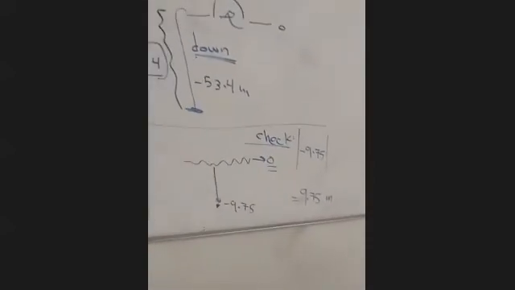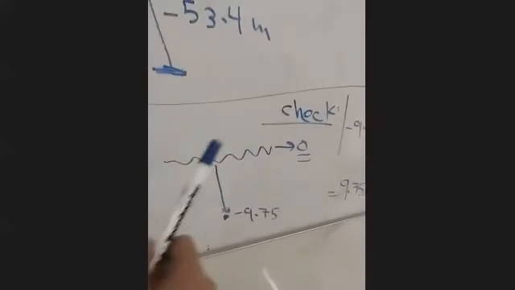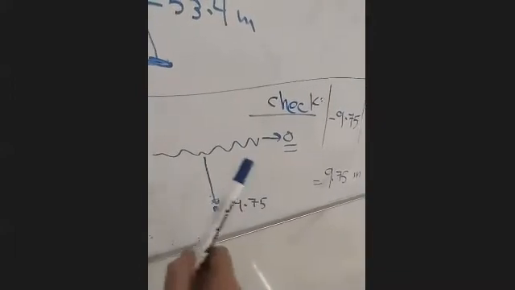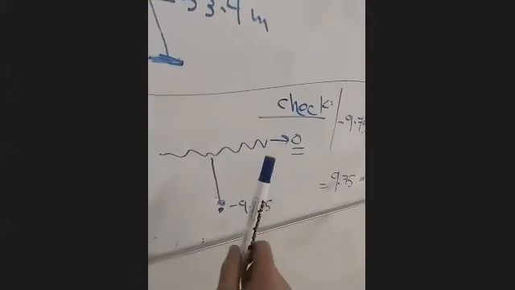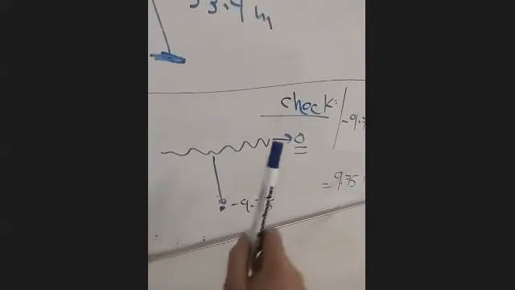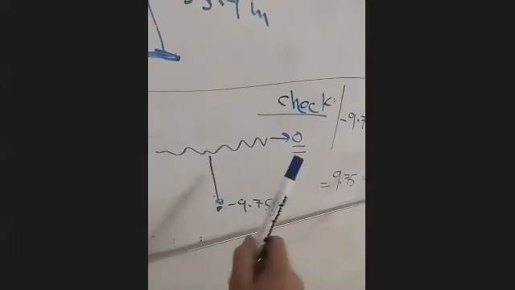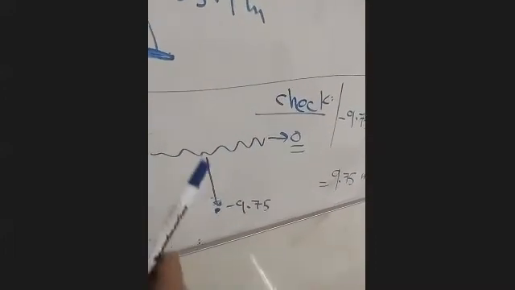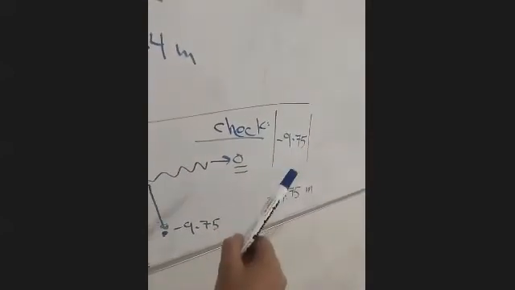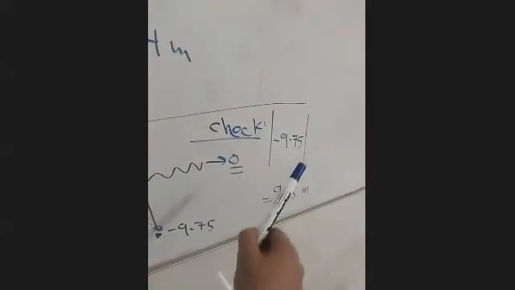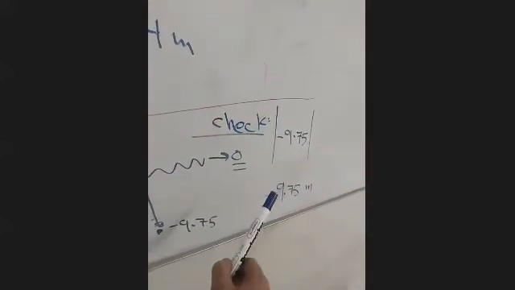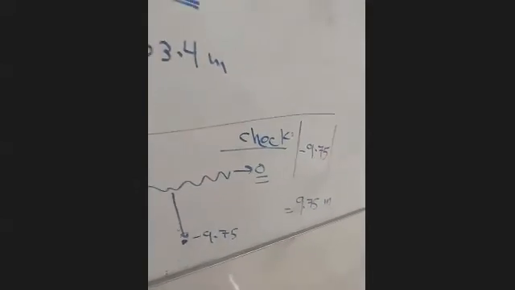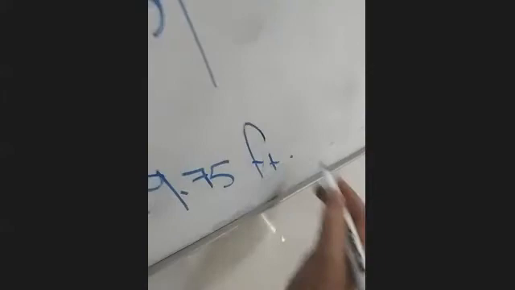And try to draw this small graph under the question so you understand that the surface of the water represents 0, and down is the lowest point. And here is the absolute value. The absolute value of negative 9.75 equals 9.75. Not meter, feet, sorry. It's okay.